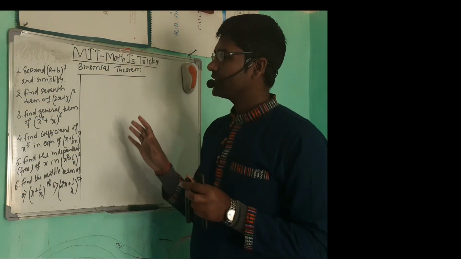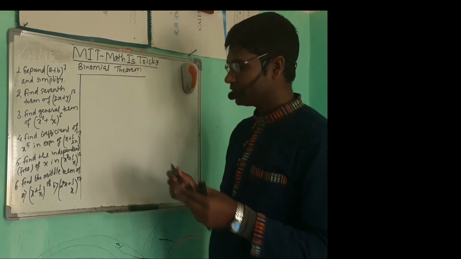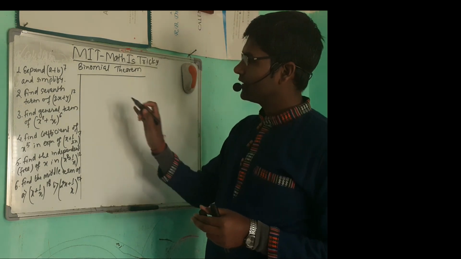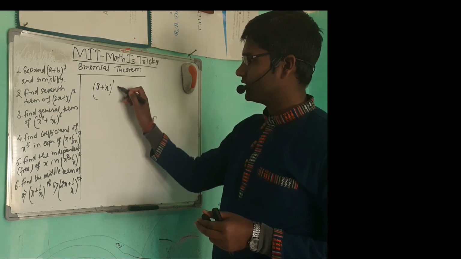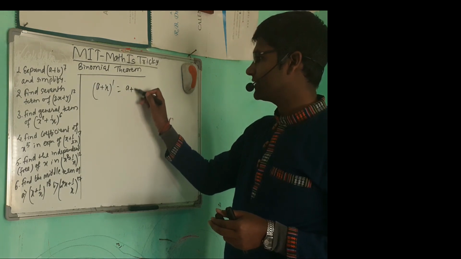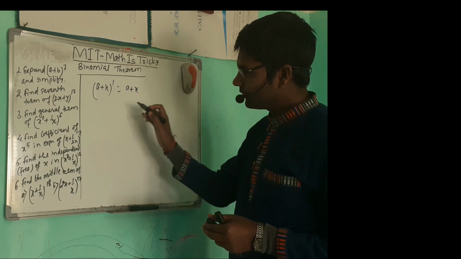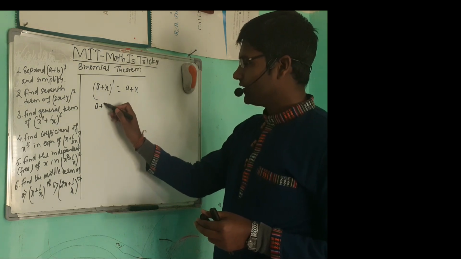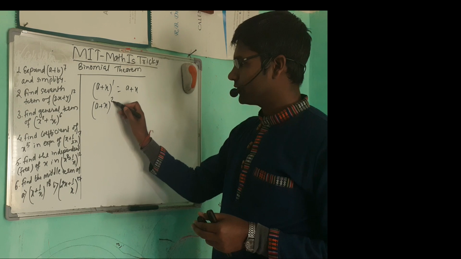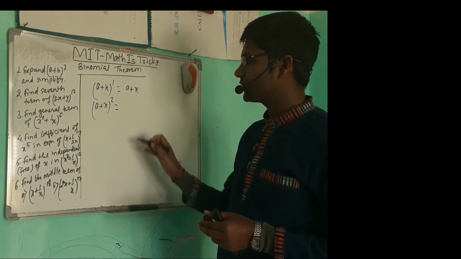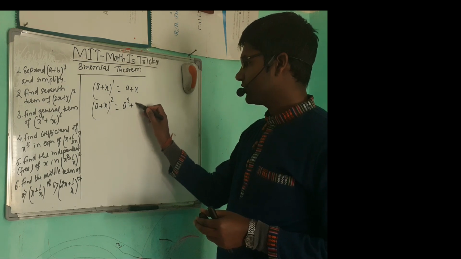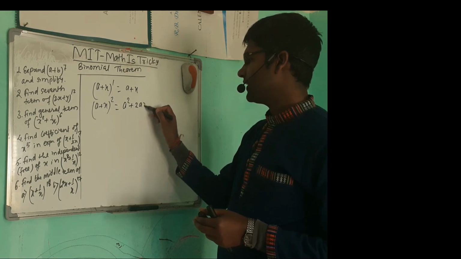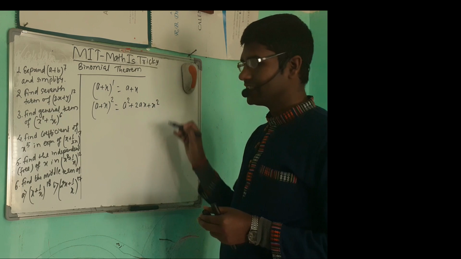Before solving the problems, let me explain what the binomial theorem actually is. Suppose here (a + x) to the power 1. What will be its answer? a + x, isn't it? Now if you have to find the value of (a + x) to the power 2, that means (a + x) whole square, it will simply be a² + 2ax + x², isn't it?